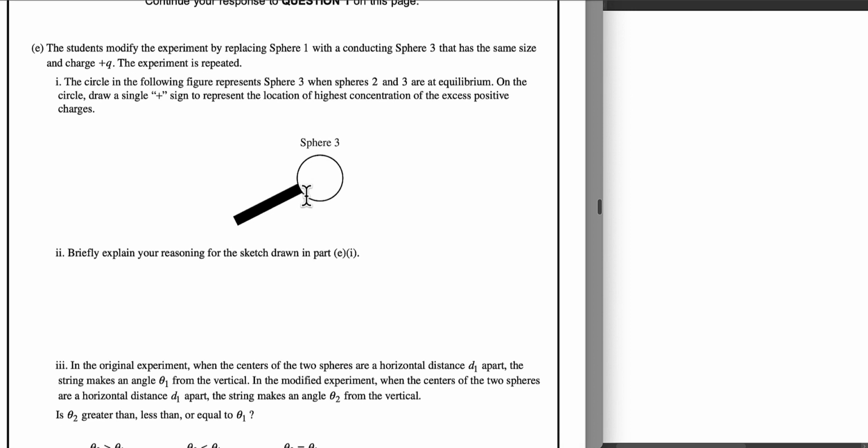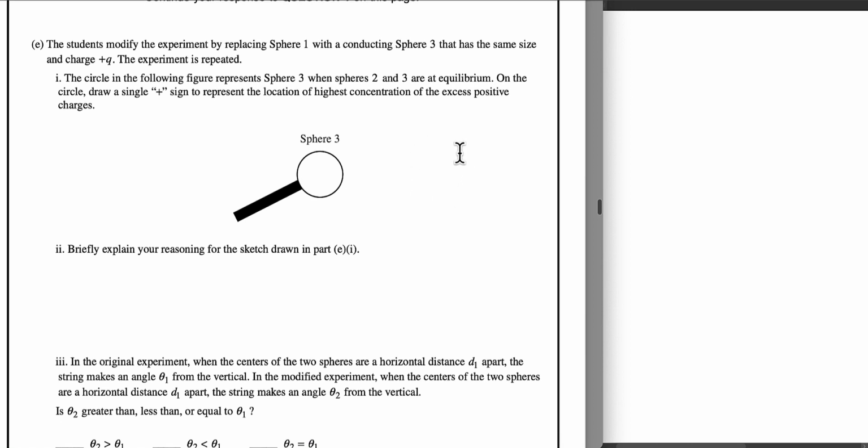So remember that sphere 2 here is positive, and sphere 3 is also positive, carries positive charges. So they will have repulsion between them, right? And now it's conducting, so the electrons on sphere 3 can move to the right side because they're attracted by sphere 2. And also because of that charge movement, electrons move to the right, the left side becomes positively charged.